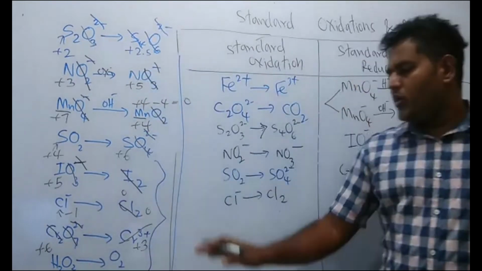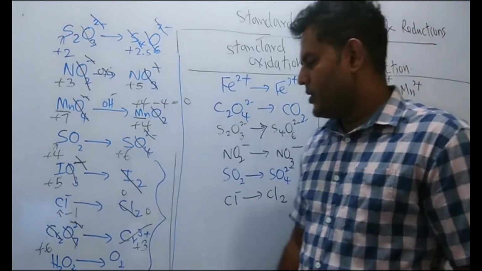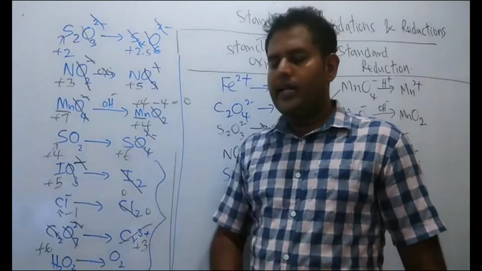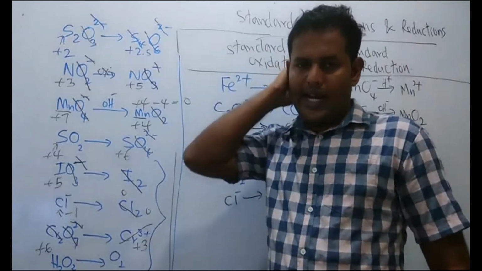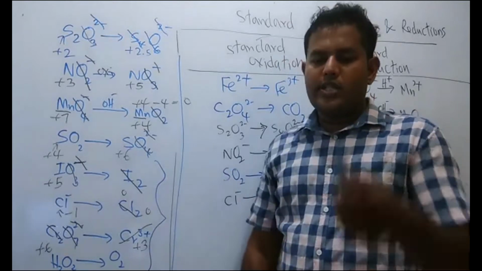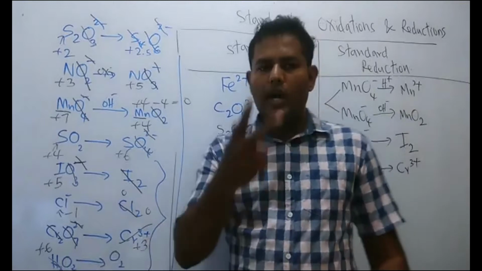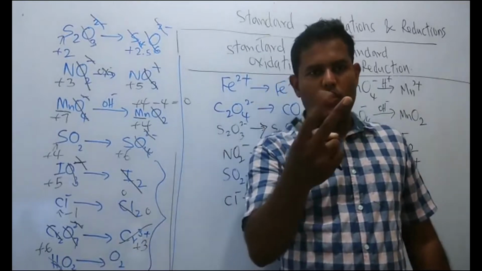Then H2O2 to O2. What is the oxidation number in H2O2? Be careful. Check hydrogen first, then the oxidation number of oxygen. For 2 hydrogens the oxidation number is plus 2.